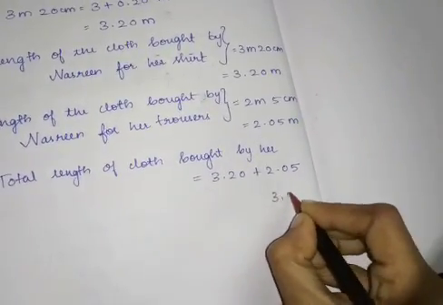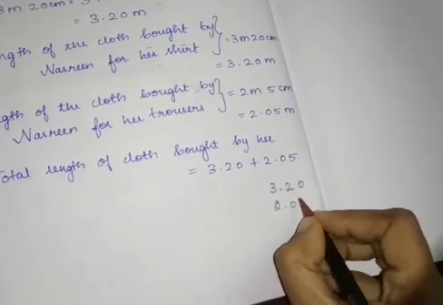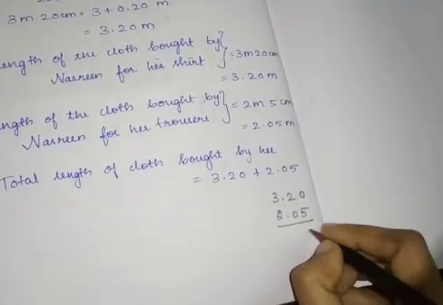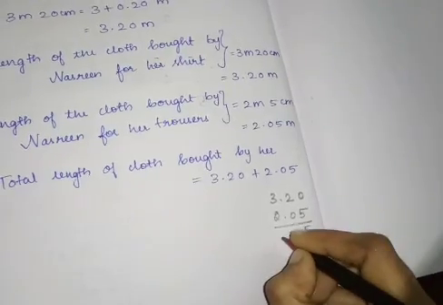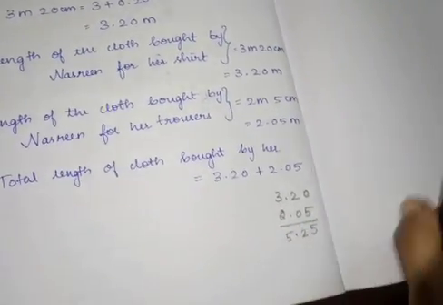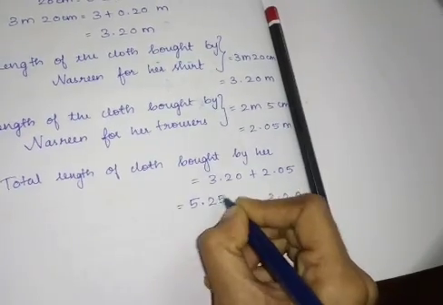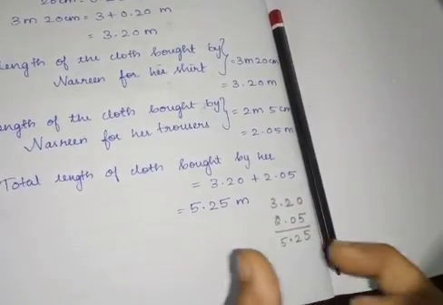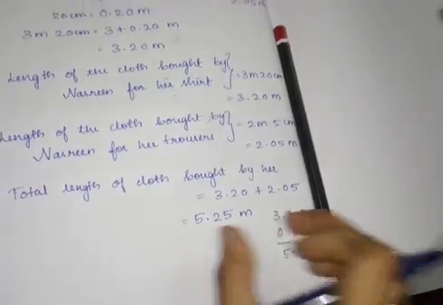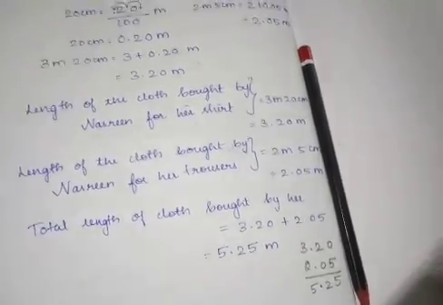You will write 3.20, 2.05. 0 plus 5, 5. 2 plus 0, 2. 3 plus 2, 5. So what is the total length, children? 5.25 meter. Yes, 5.25 meter is the total length of the cloth that Nasrim has bought for stitching her dress.